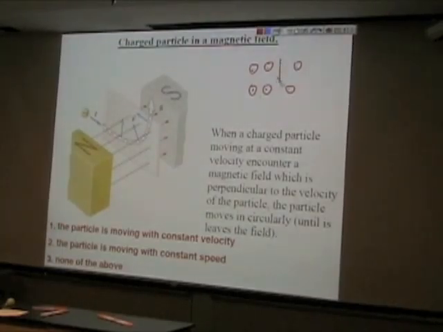The velocity of the particle points down, and now, again, velocity, field, force points to the left. Force equals ma. a equals change in velocity over time.